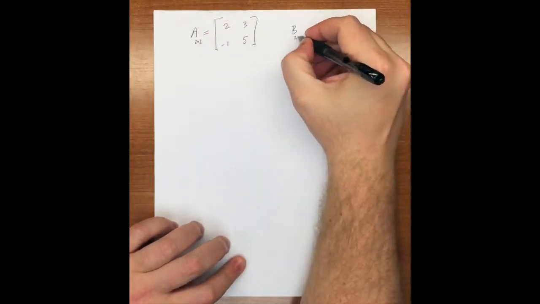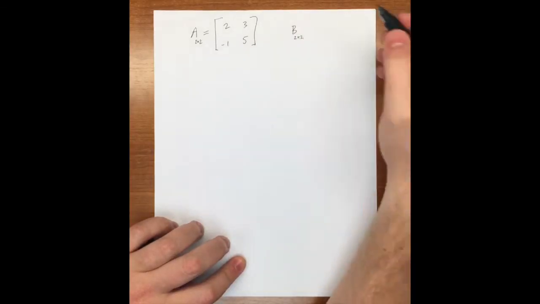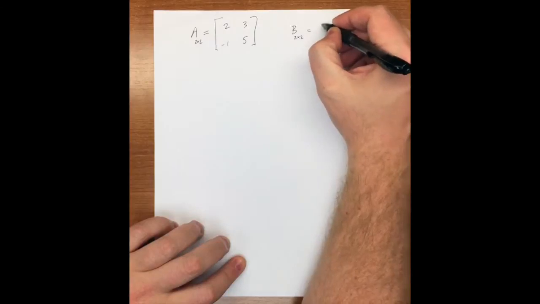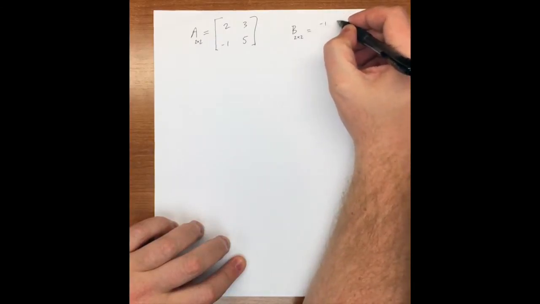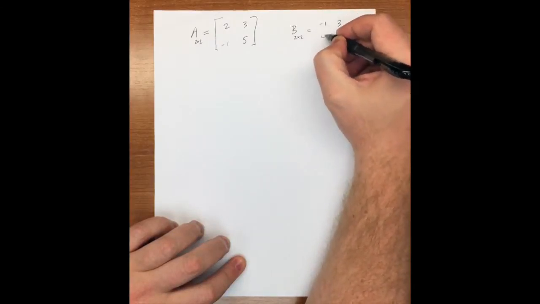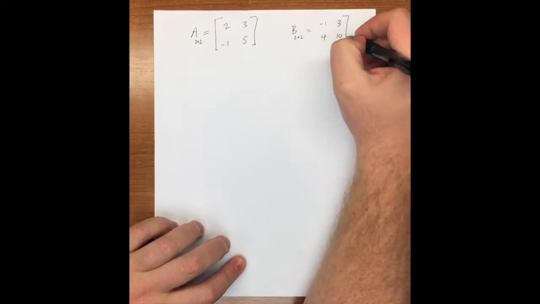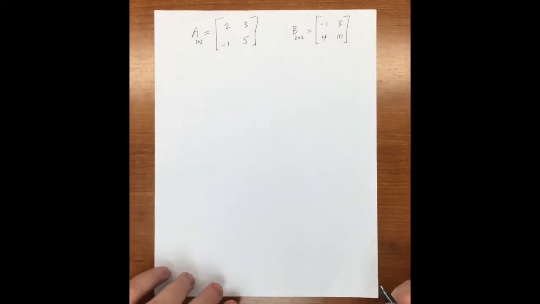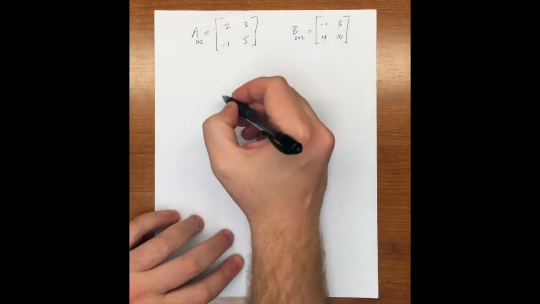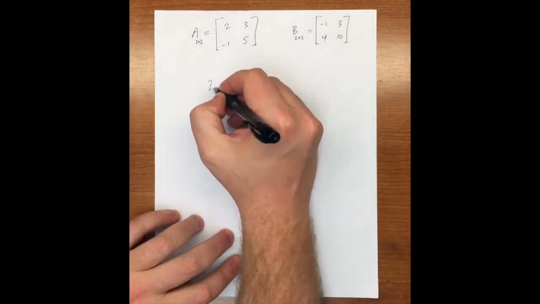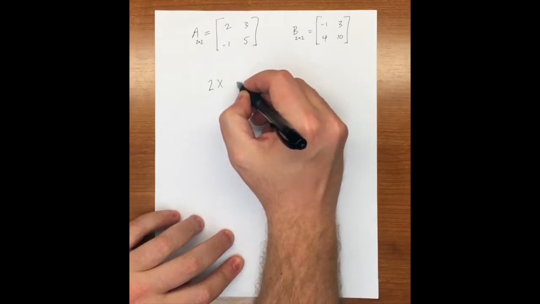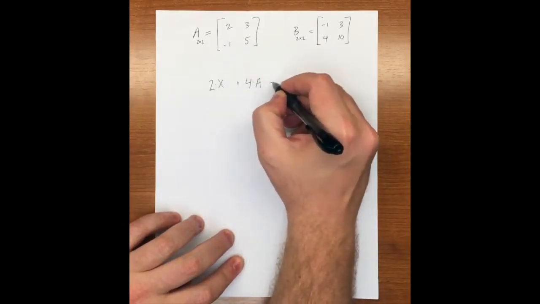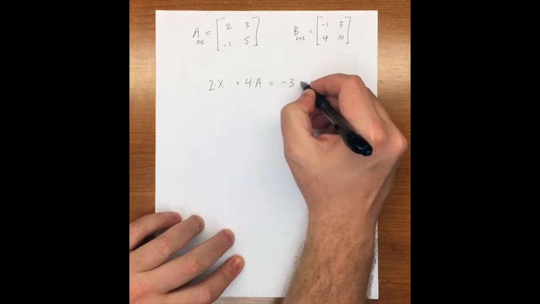So B is a 2 by 2 matrix as well, and we could have B as the matrix -1, 3, 4, and 10. There you go. So we have A and B as 2 by 2 matrices, and we could set up an equation that looks something like this. Maybe it's 2 times x plus 4 times A equals -3 times B.